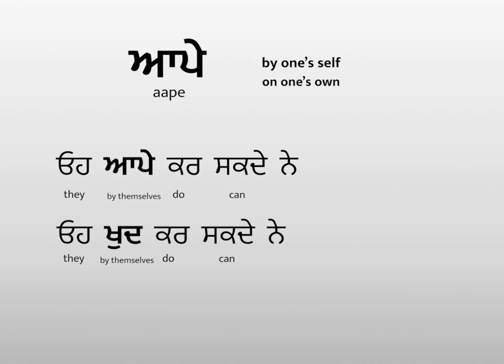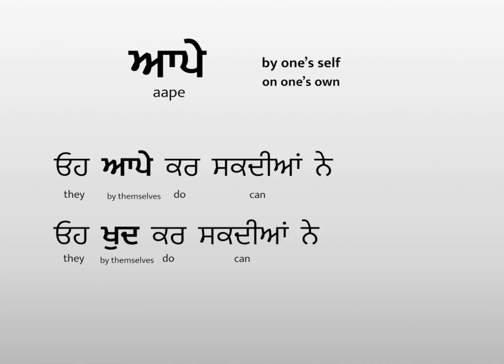To say they can do it by themselves, you would say ਉਹ ਆਪੇ ਕਰ ਸਕਦੇ ਨੇ. If you're talking about a group of girls, you would say ਉਹ ਆਪੇ ਕਰ ਸਕਦੀਆਂ ਨੇ. So again, ape means to do something by yourself without help from somebody else. It can also be used to mean something happens by itself, automatically.